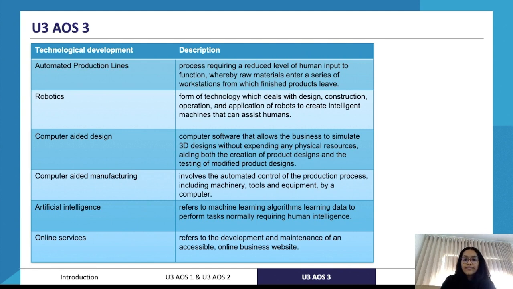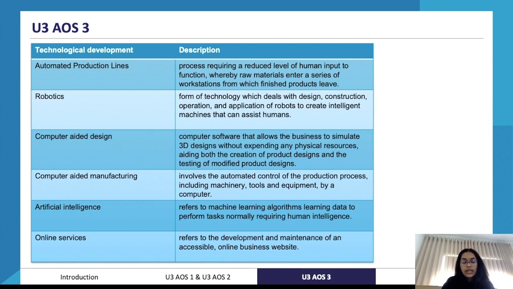Then we have CAM. This involves automated control of the production process, including machinery, tools, and equipment by a computer. So it's literally looking at the computer that operates the production process and the machinery.